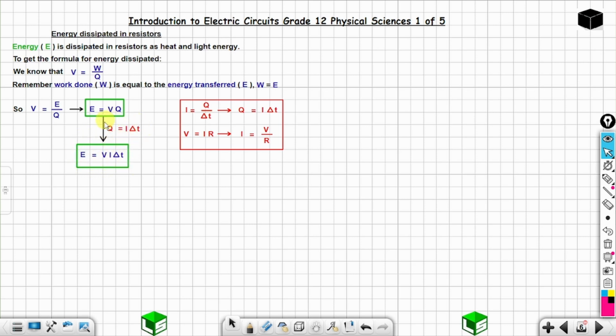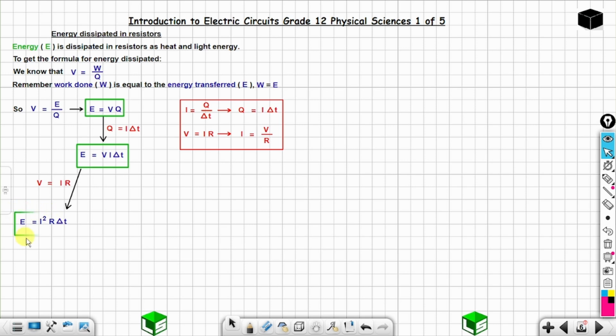When you substitute this in place of Q, and now with this formula, if you substitute V using V is equal to I times R, you are going to have this formula. Energy is equal to current times resistance times current times change in time. You are going to have current squared times resistance times change in time.